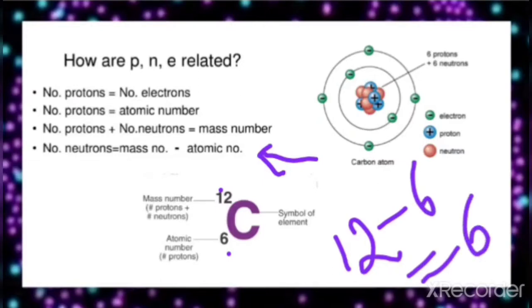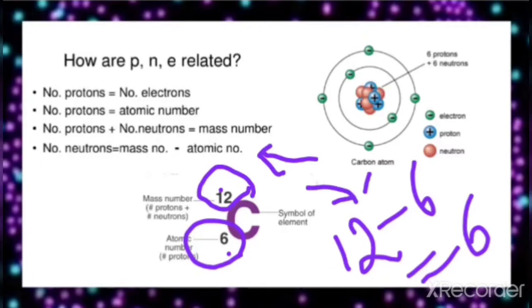So for any atomic representation given in this way, you can find the number of neutrons by subtracting the lower value from the upper value. That will give the number of neutrons present in it.